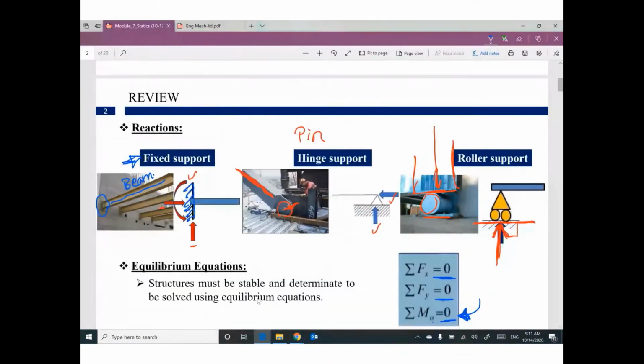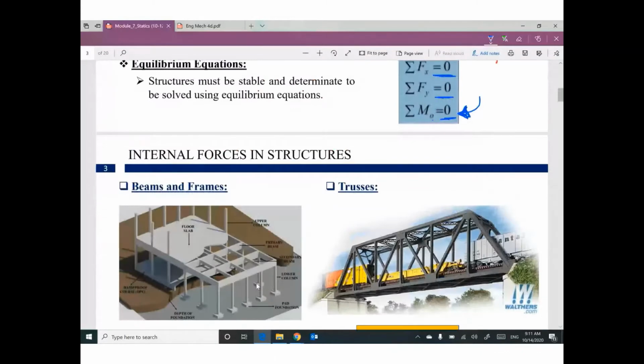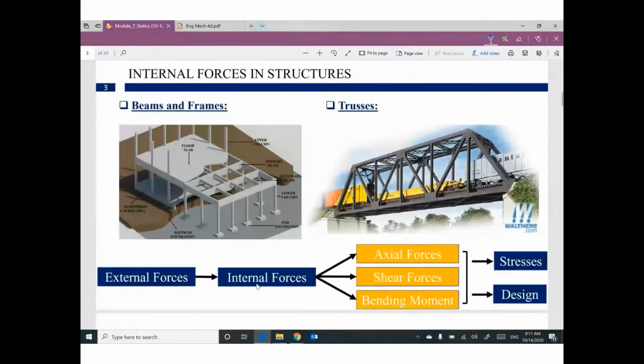Okay. Just to remind you of something quickly. Guys, to make a big picture, or to introduce the big story for these topics, any structure in the world, like this bridge or this building, whatever the type of structure, we have something called external forces.